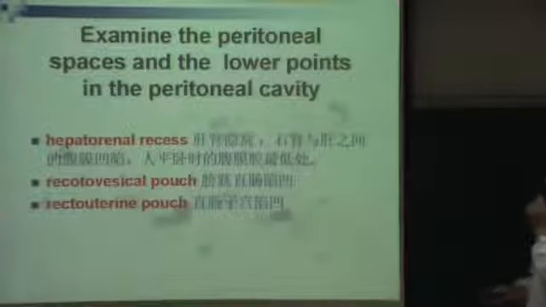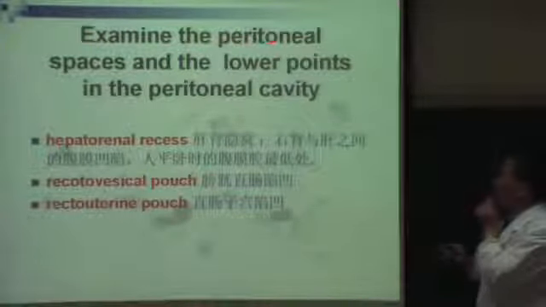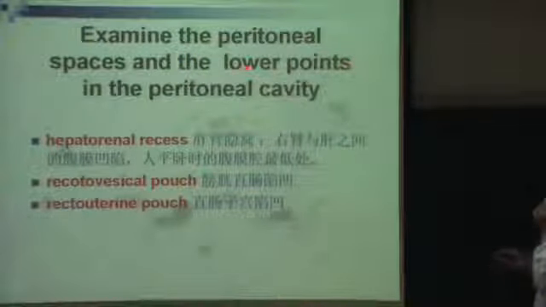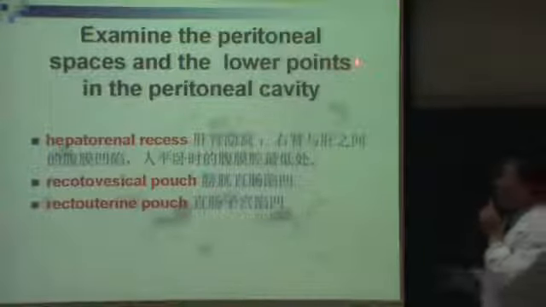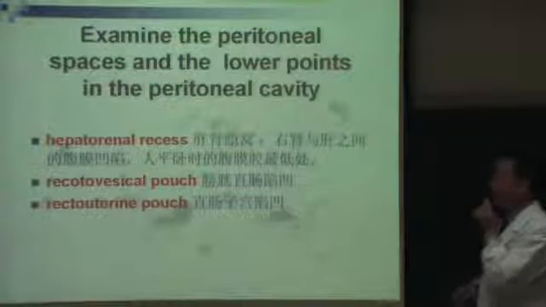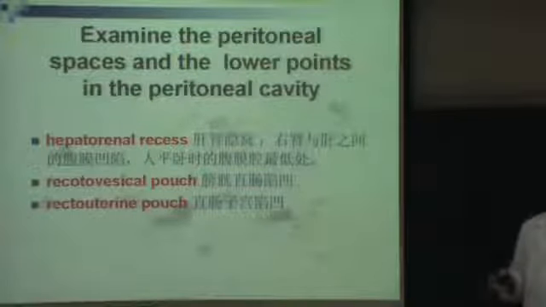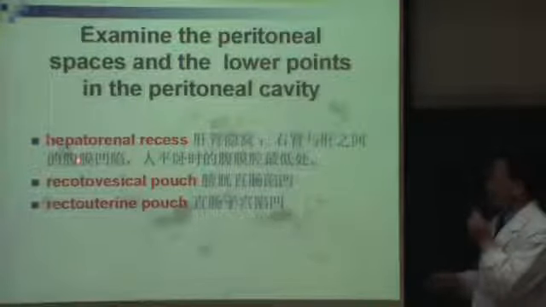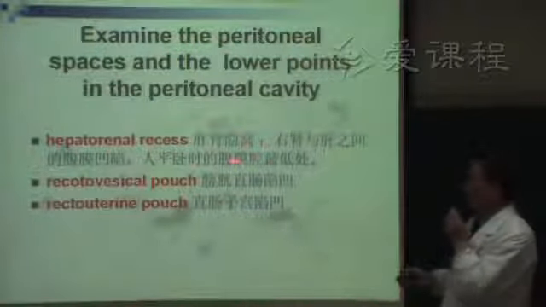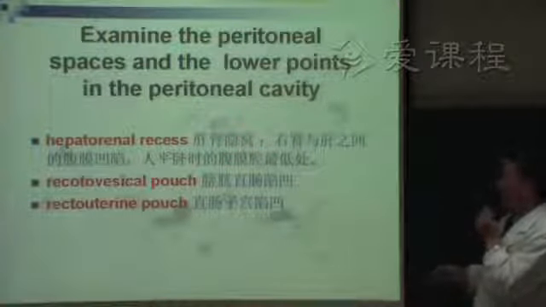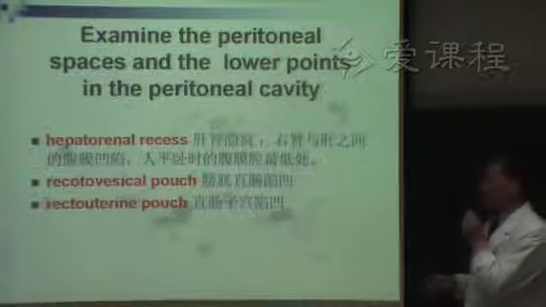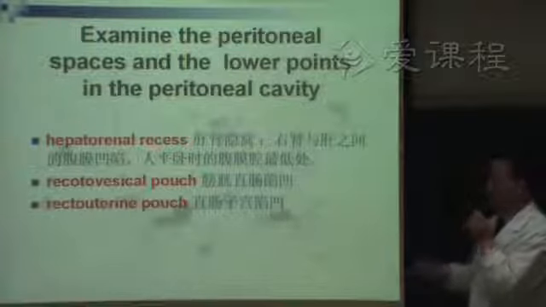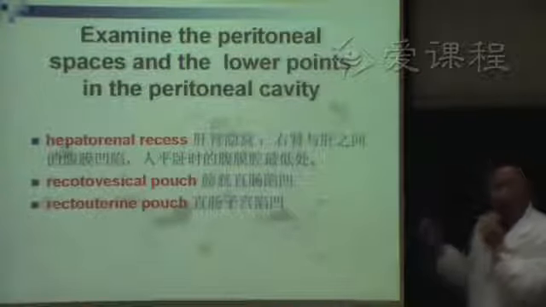And then you should examine the peritoneal spaces and the lowest point in the peritoneal cavity. When a person is lying down, the space posterior to the liver, the hepatorenal recess, is in a very low region.